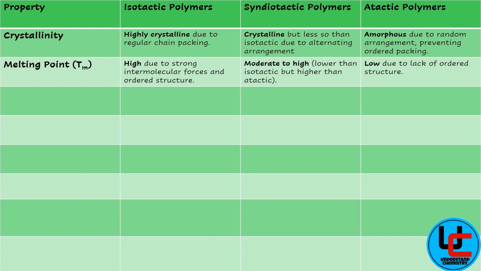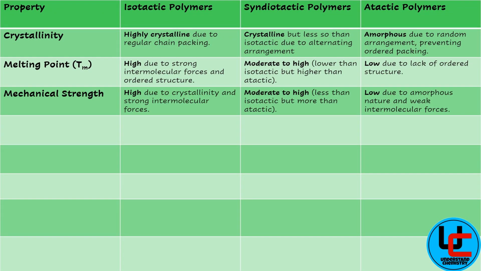Syndiotactic polymers have a moderate to high melting point, which is lower than isotactic but higher than atactic polymers. Isotactic polymers show high mechanical strength due to their crystallinity and strong intermolecular interactions. Syndiotactic polymers have moderate to high mechanical strength, which is less than isotactic but more than atactic polymers.